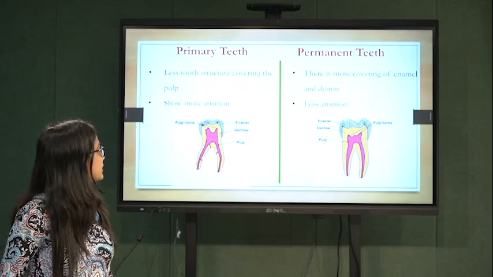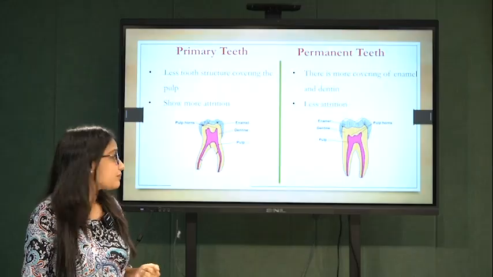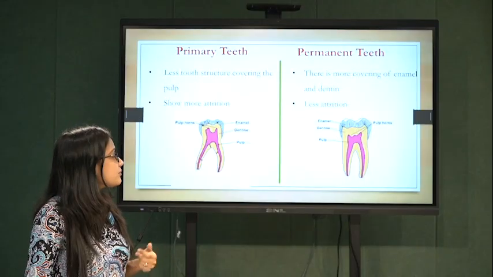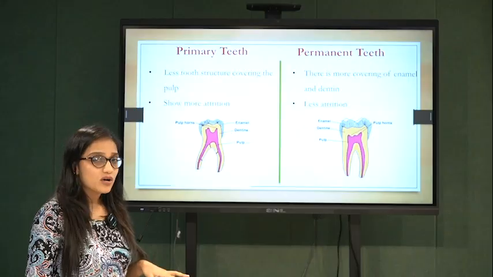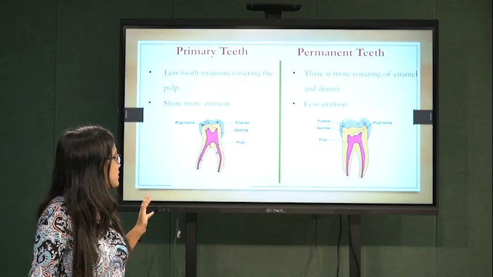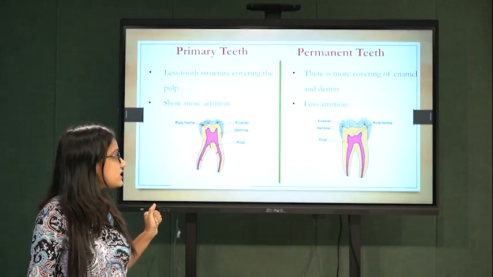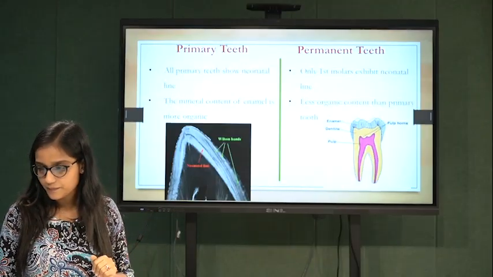Next, there will be less tooth structure covering the pulp in the primary dentition, and in the permanent dentition there is more covering of enamel and dentine, because in permanent teeth enamel and dentine are thicker. There is more adhesion in primary teeth, and less adhesion in the permanent teeth.